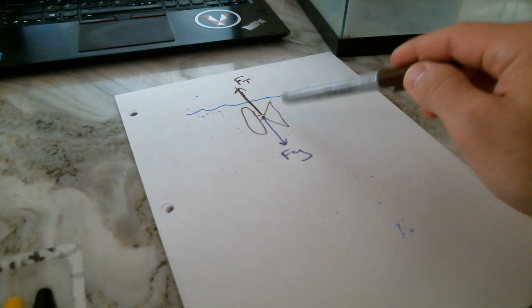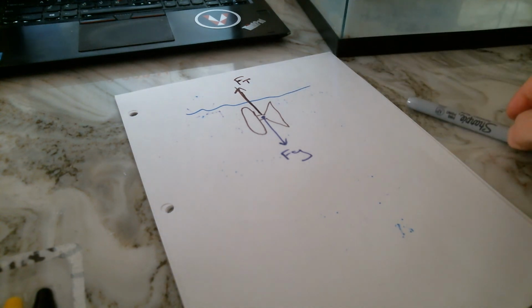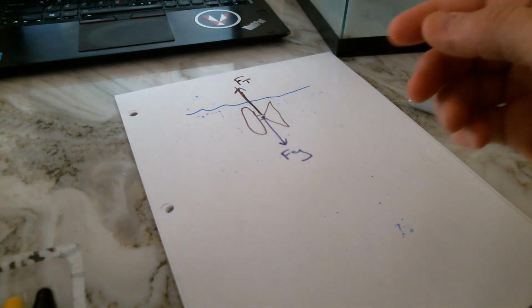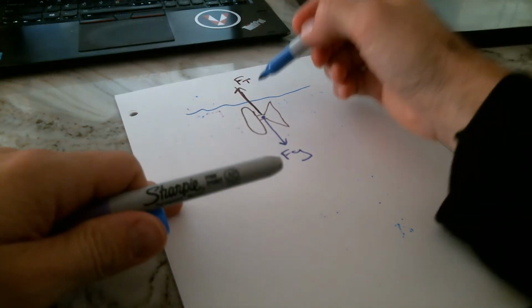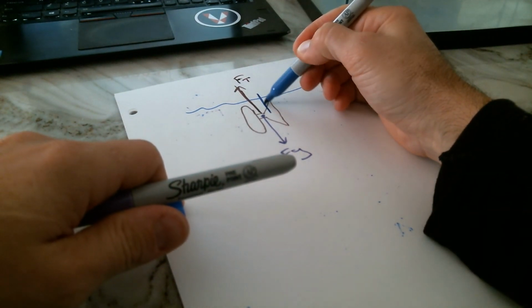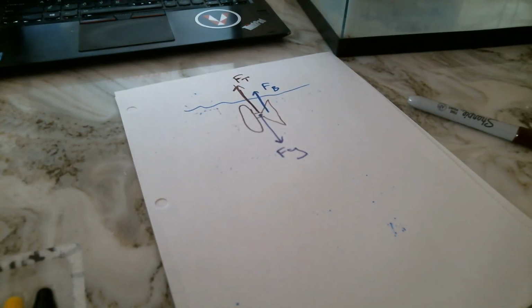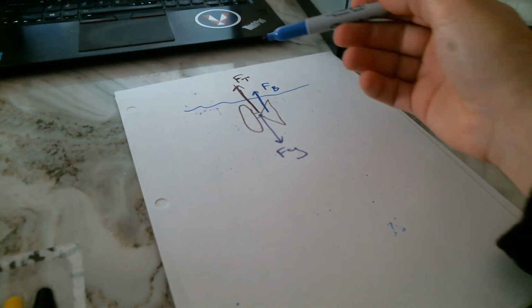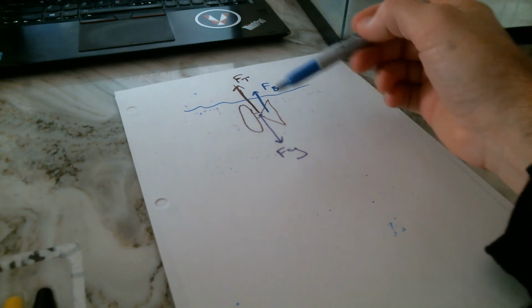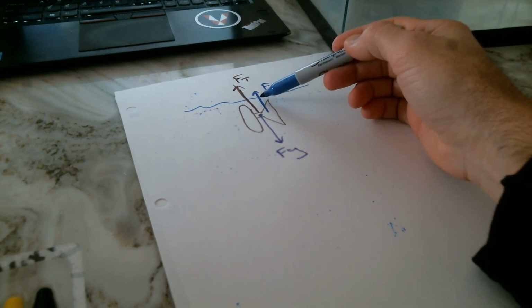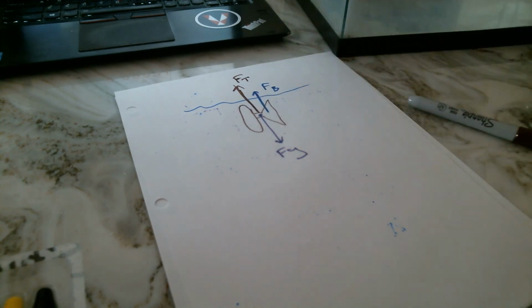But when it's in water, it won't be that anymore, because there is also an upwards FB. All right. So what that spring scale will read is gravity minus the buoyant force, and that's what you're going to do the math to predict.